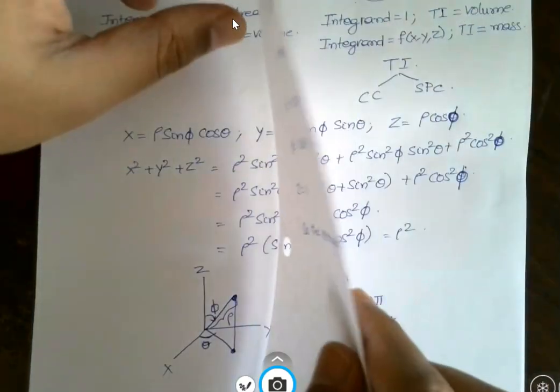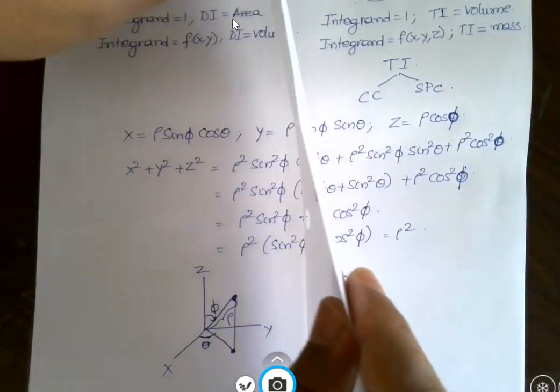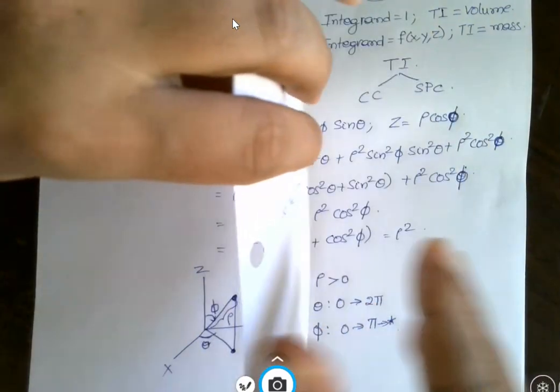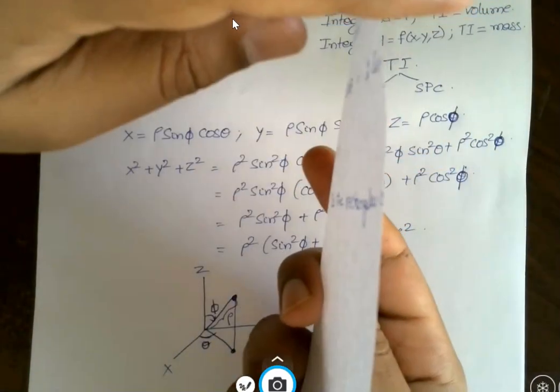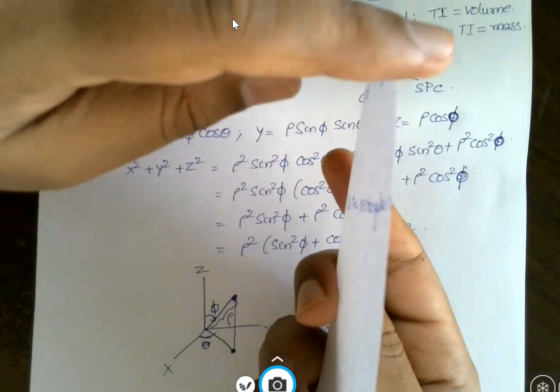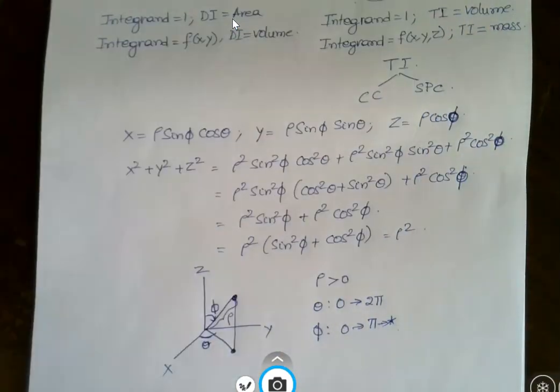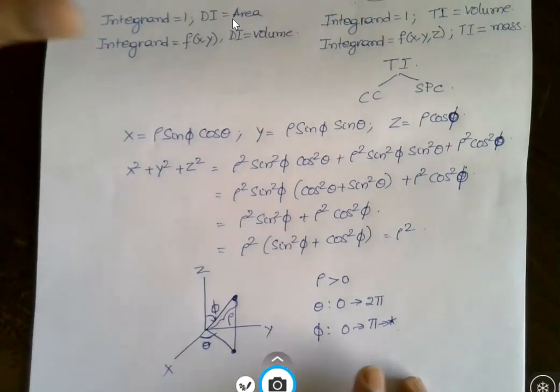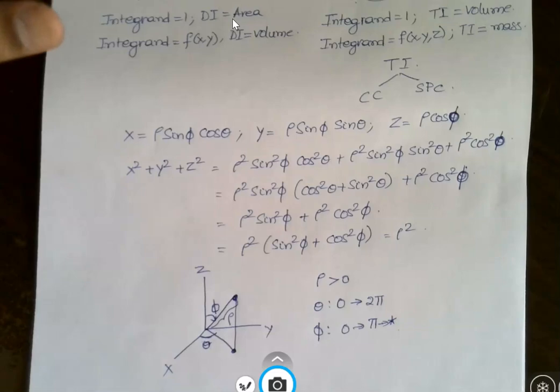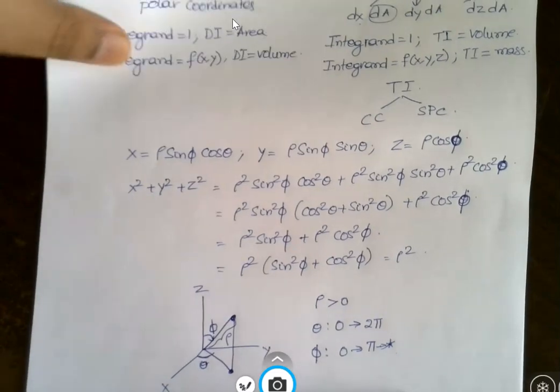If I rotate this semicircle and sweep it by 2 pi, I get a sphere. But if I take phi to be 0 to 2 pi, then I get 2 revolutions. I don't want 2 revolutions, I want just 1 revolution. I hope that is clear. If not, just let me know and I will explain it more.